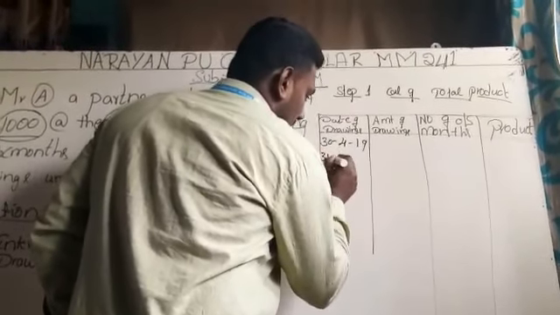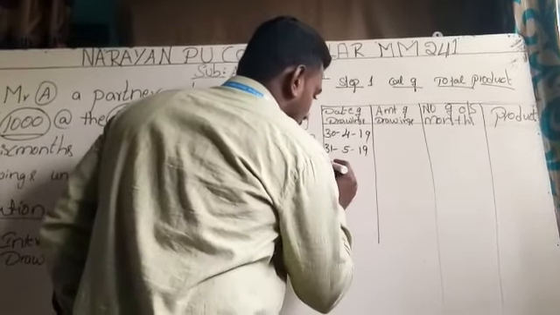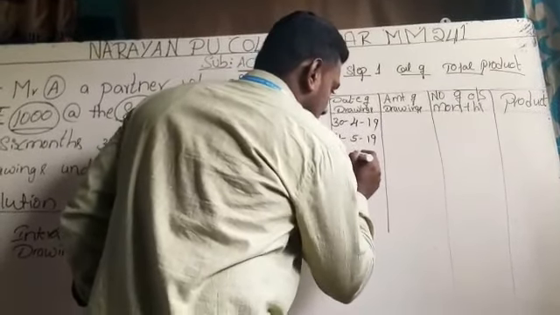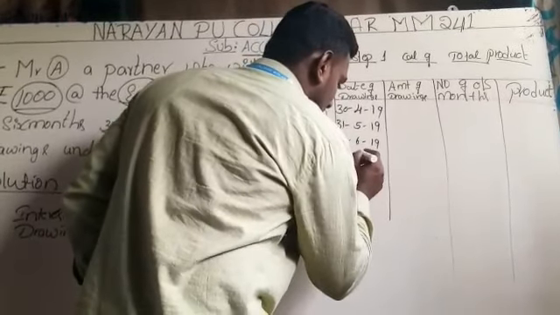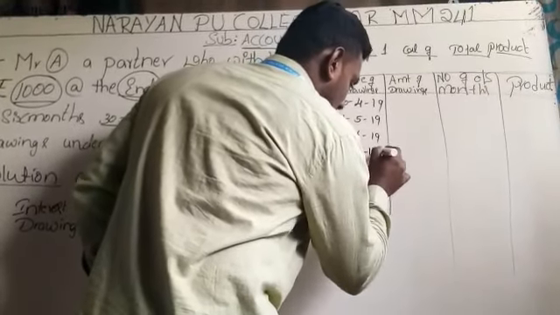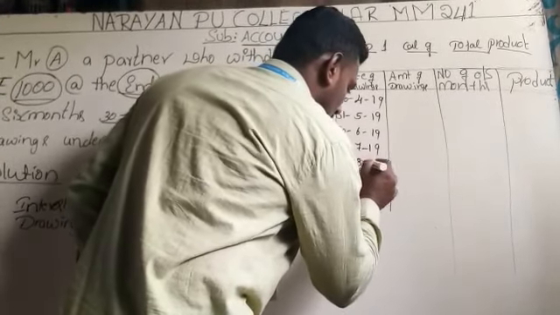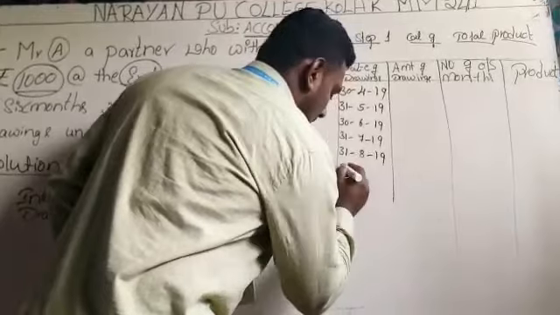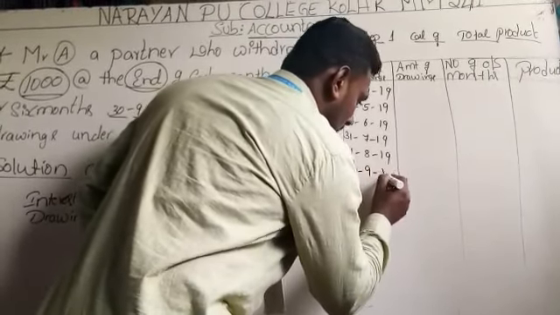May 31/5/2019. June 30/6/2019. July 31/7/2019. August 31/8/2019. And September 30/9/2019.